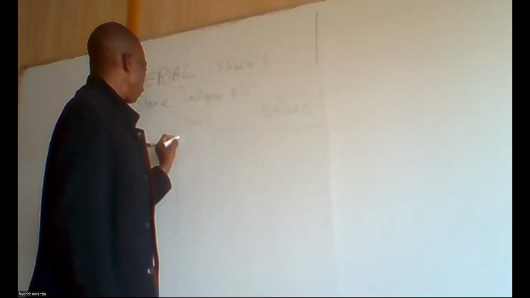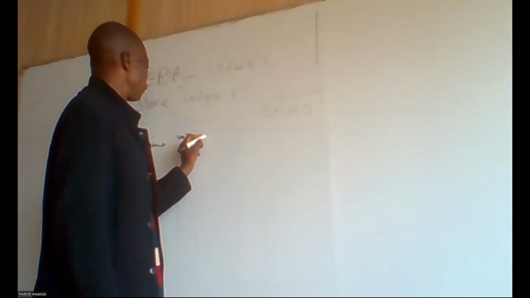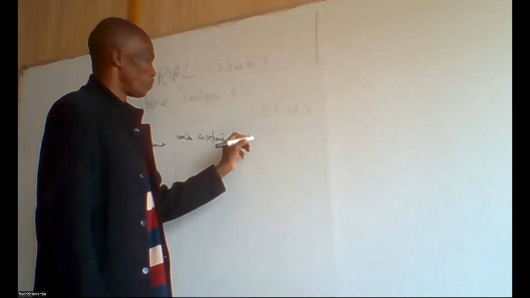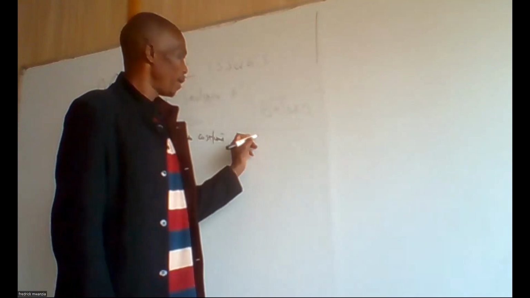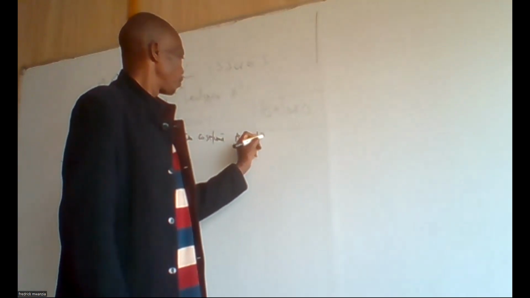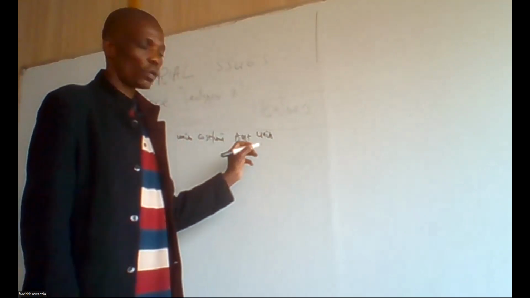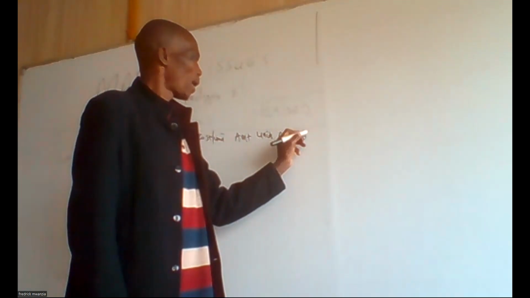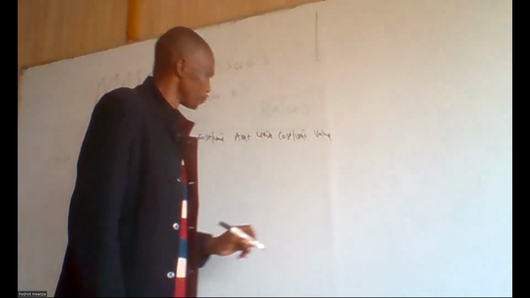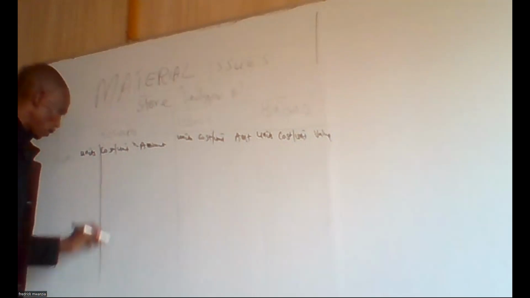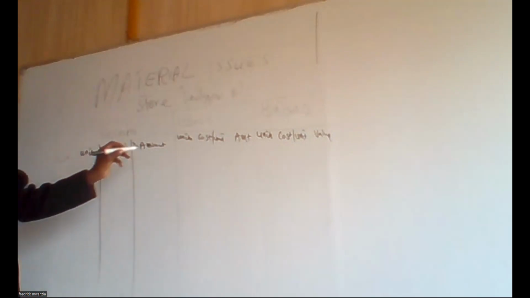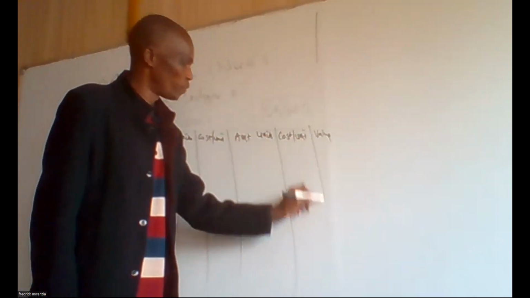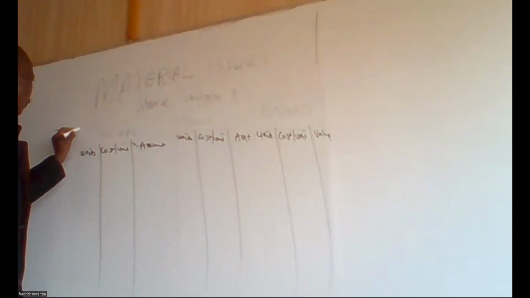So this is for the units, the cost of each unit, that's per unit, and then the amount or value. The balance also remains the same: unit, which is the same thing as quantity, cost per unit, and then the value. So you divide them into those columns for purposes of doing your accounting for the materials. And so this is what we have.